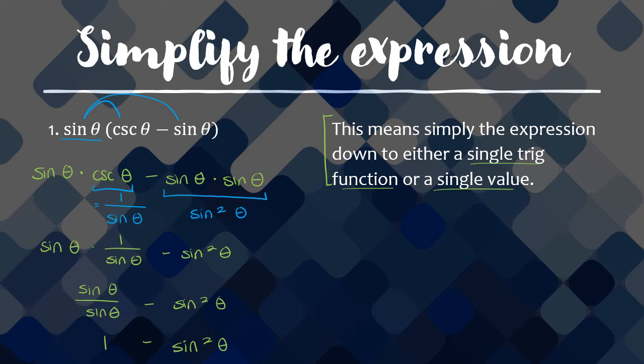However, I'm going to take a moment to remind you of one of our other trig identities. This is our initial Pythagorean identity that says cosine squared plus sine squared is equal to 1. Now our so far simplified expression involves a 1 and a sine squared. I'm going to manipulate our Pythagorean identity here and see if we can get something that looks like 1 minus sine squared.